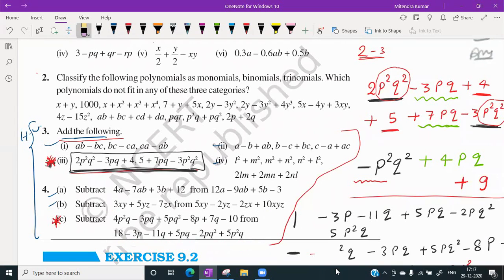Okay. Next heading, give multiplication of algebraic expression.